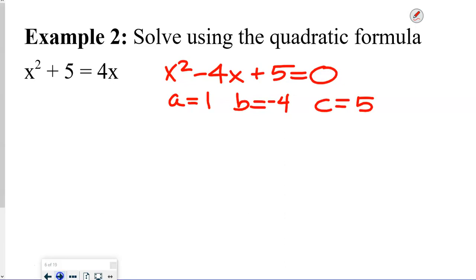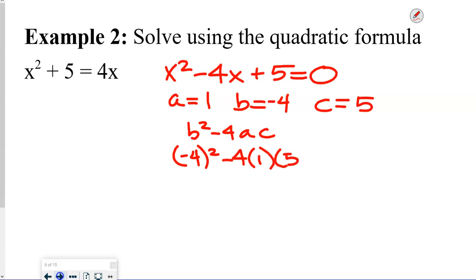Going to do the discriminant again, so that's b squared minus 4ac. So we're going to then populate that. So that's going to be negative 4 squared minus 4 times a, which is 1, times c, which is 5. Now you should see that this is 16 minus 20, right? 4 times 1 times 5 is 20.